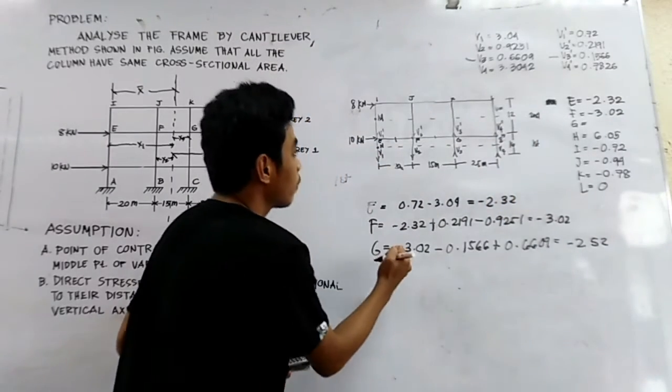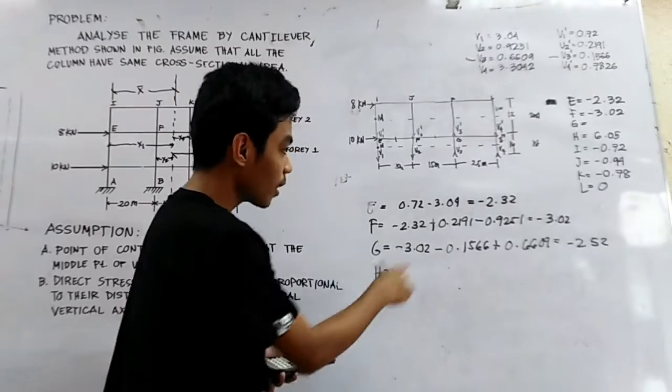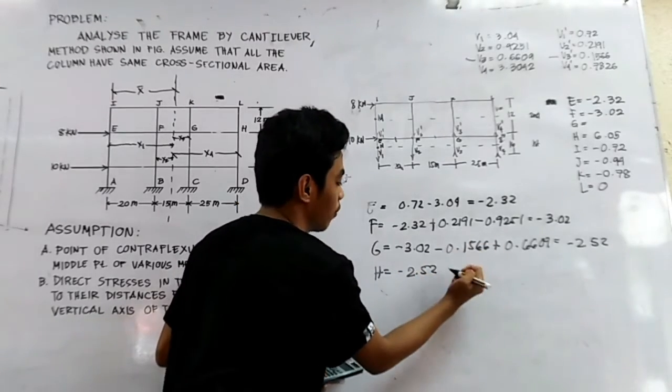So, for the point H is negative 2.52. So, ganun lang rin po kung ano nakuha natin ng value.